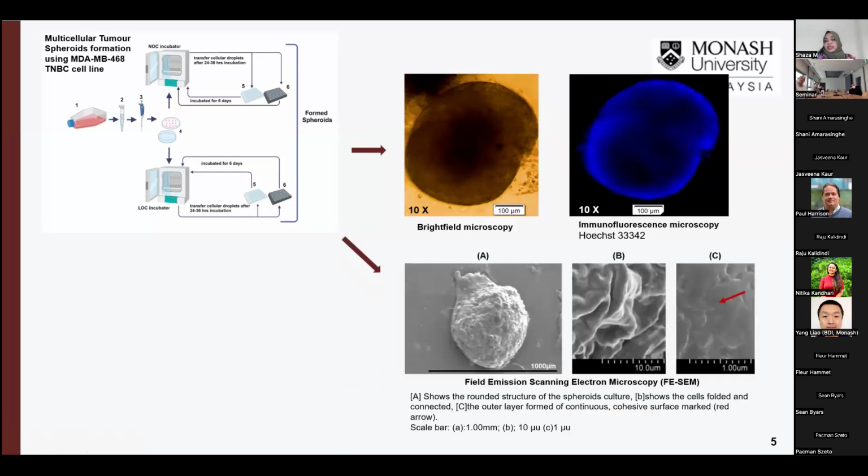We examined the cells under the field microscope to see the outer layer, how it's made and how it looked. Generally, we can see a rounded structure, which is the spheroid. At higher magnification, we can see the folding of the membrane and the interconnection between the cells.